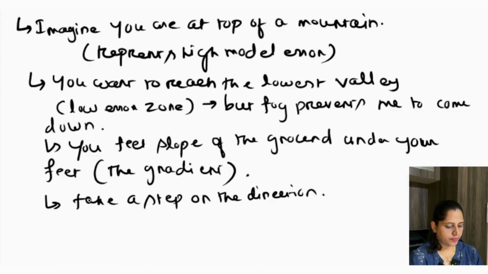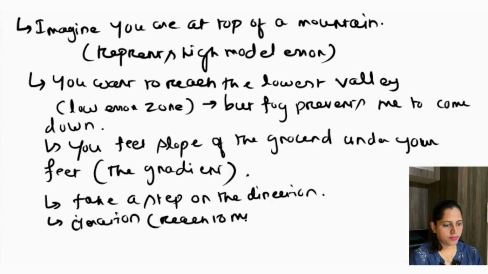You are not doing it in a single go, so iteration is happening. That means you need to reach the minimum point. Simple analogy, right? Keep this in your mind. In an interview they may ask you, and you can give this analogy of gradient. It is going to be very easy.